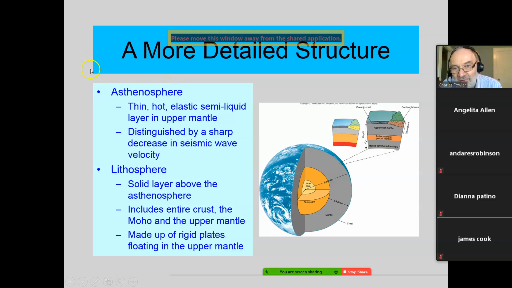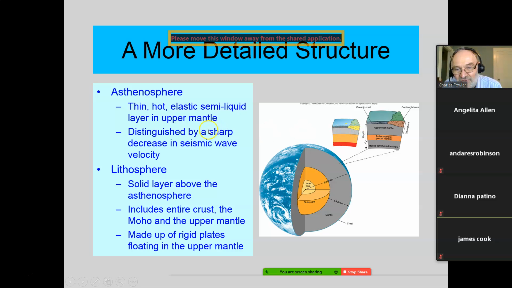Number one, there is a separation between the upper mantle and the lower mantle, and that's called the asthenosphere. It's relatively thin, now remember in geological terms, thin can be a few miles, okay? Thin, hot, elastic, meaning it does retain its shape, but it's also semi-liquid. Layer somewhere there in the upper mantle.